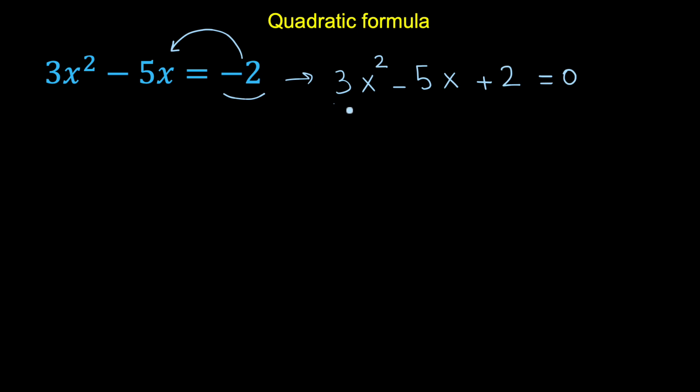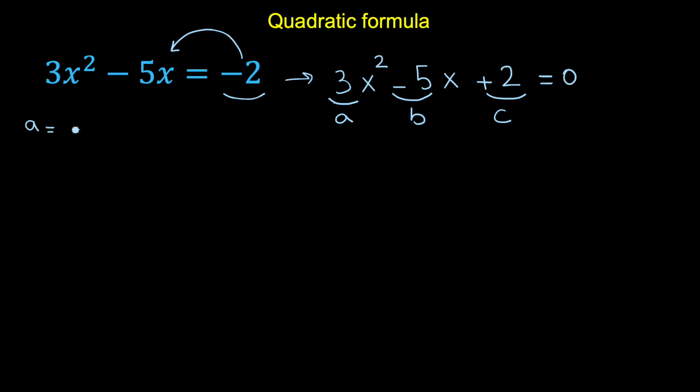So now we need to find a, b, and c. As you remember, a is the number in front of x squared, b is the number in front of x, and c is the constant. And you remember that you need to pay attention to the sign before the number.